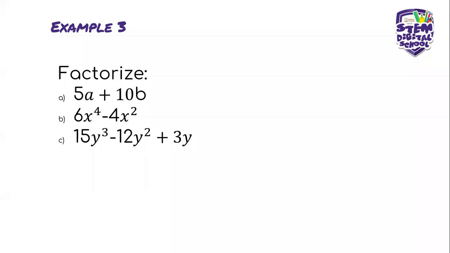You can see this trinomial consists of 15y cubed, that is the first term, and then the second term will be 12y squared, and then of course you also have 3y. So these are the 3 terms that we are now looking at, and we need to factorize.